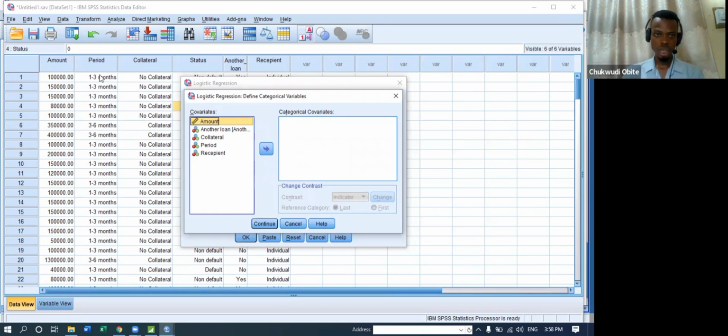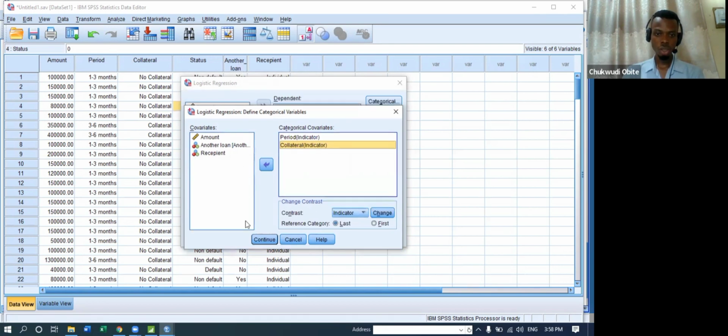Period is categorical, so you move it. Collateral is categorical, you move it. Another loan is categorical, yes or no, so you move it. Recipient is categorical, you also move it. The only one you're not going to move is amount, because it is numbers.